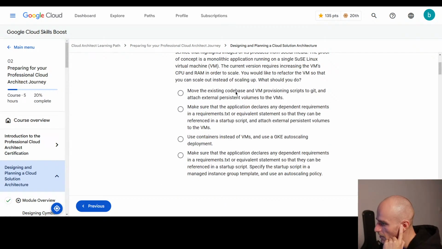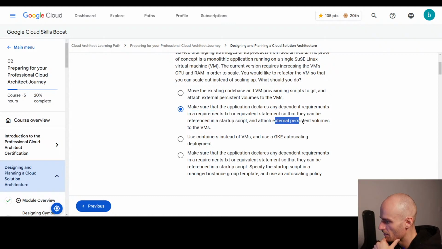Move the existing code base and VM provisioning scripts to Git and attach external persistent volumes to the VMs. Make sure that the application declares any dependent requirements in a requirements.txt so that it can be referenced in a startup script.